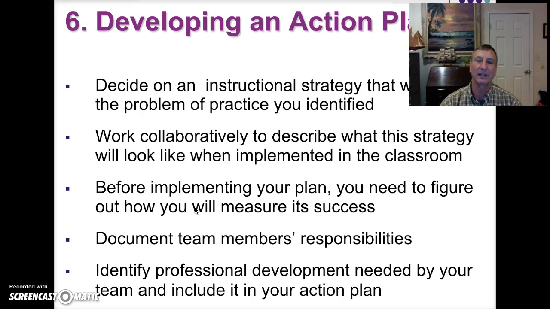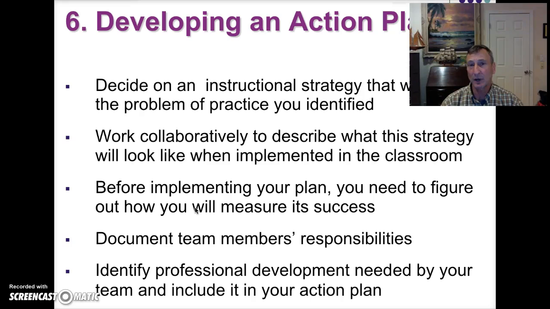Working collaboratively to describe what this strategy might look like when implemented in the classroom is a difficult part, because this is where you're starting to get agreement on the process of agreeing that where the change is going to take place.